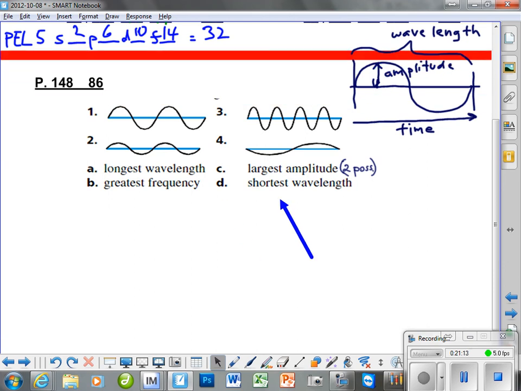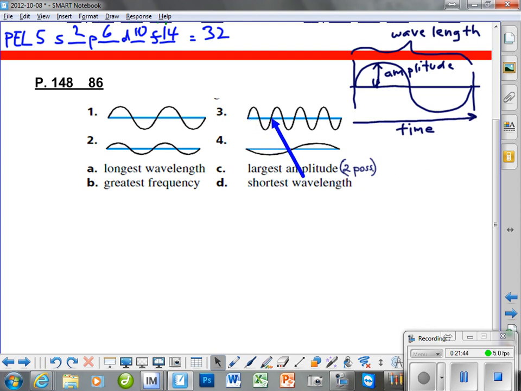And now, shortest wavelength. That goes to Anna. What's our shortest wavelength? 2. 4. That's our longest wavelength. 3. Did you write it down? I put it 4. Okay. Then you put it absolutely backwards.